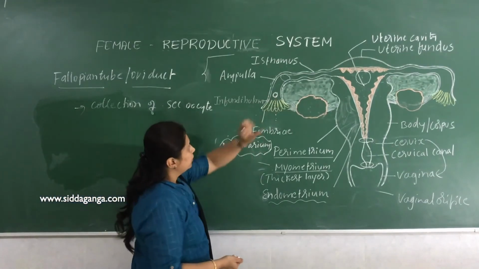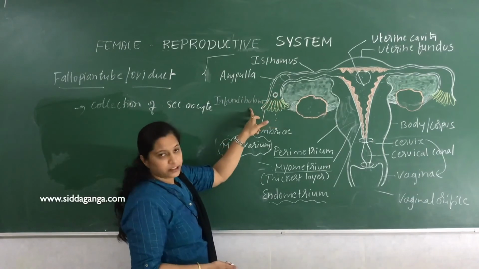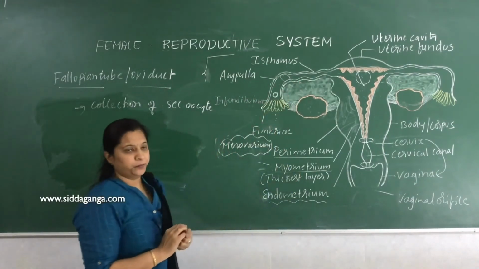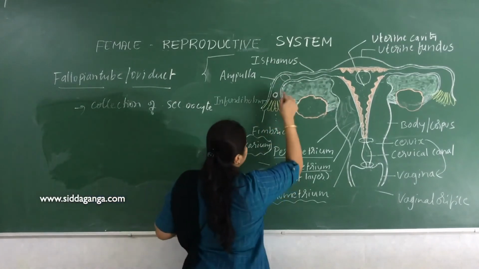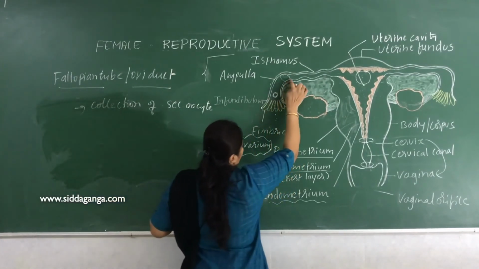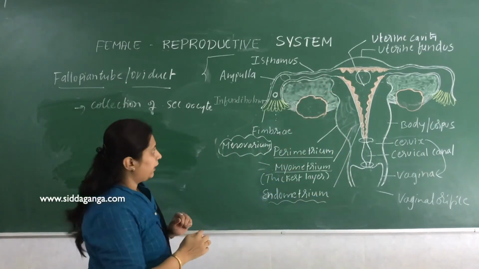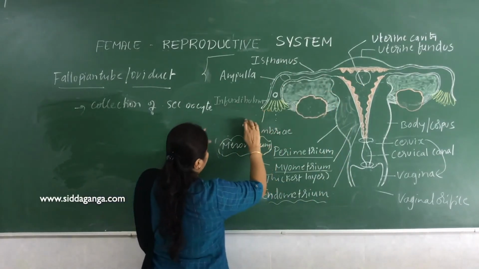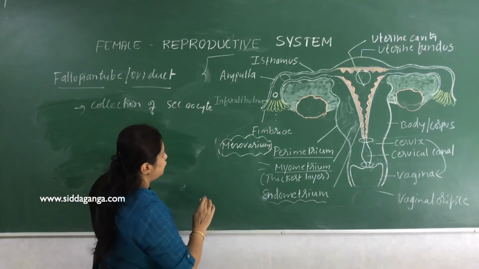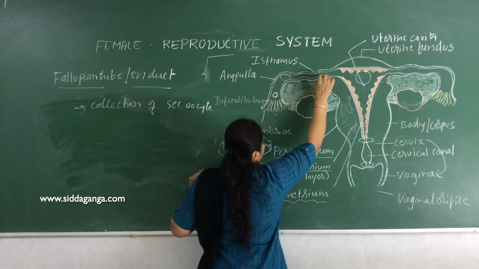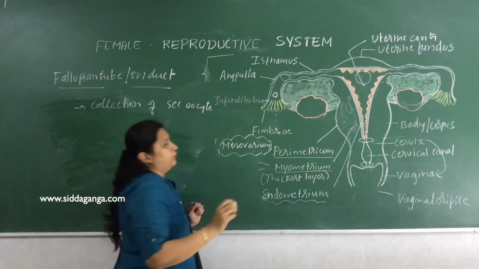Next, once it gets into the fallopian tube, it is still in the infundibulum. It has to reach the site of fertilization. And once fertilization happens, the zygote forms, and the zygote has to reach the uterus. So another function of the fallopian tube is the conduction of the secondary oocyte and the zygote towards the uterus.